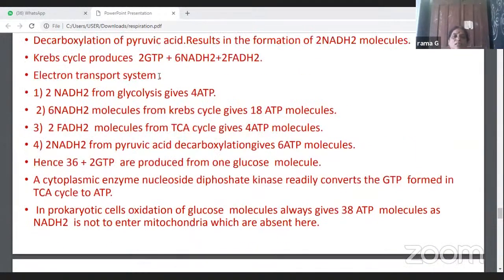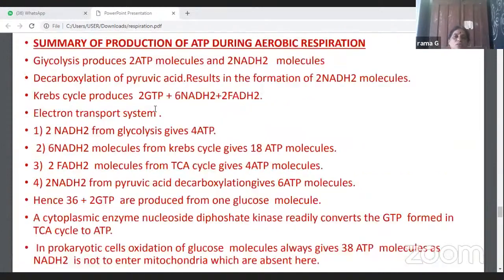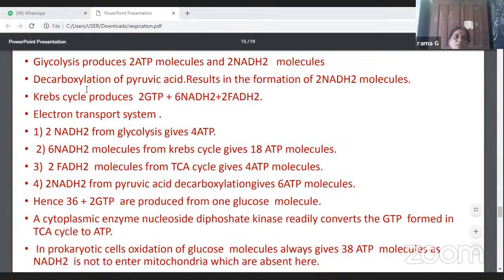Glycolysis produces two NADH molecules and 4 ATP molecules. In the linking process of pyruvic acid, it releases two NADH2 molecules, and during the Krebs cycle, it releases two GTP, 6 NADH2 and 2 FADH2 molecules.